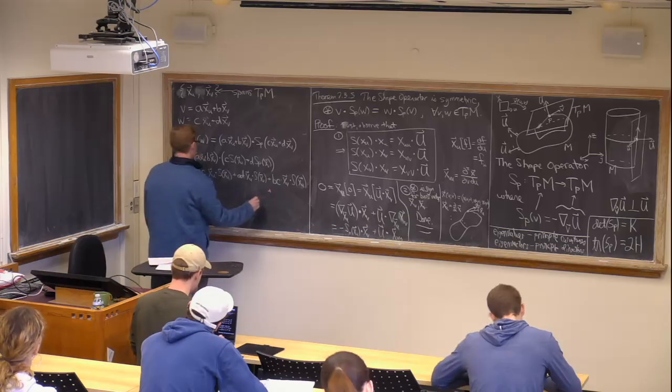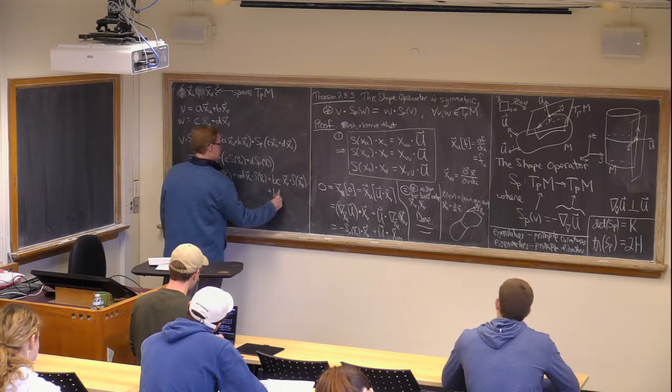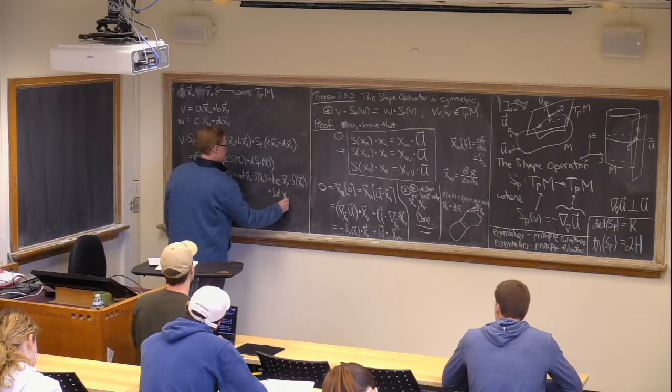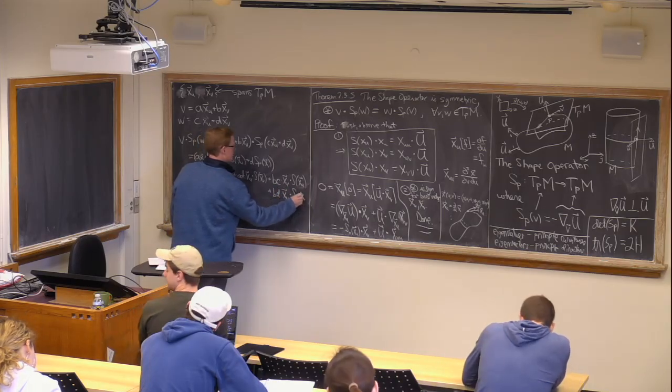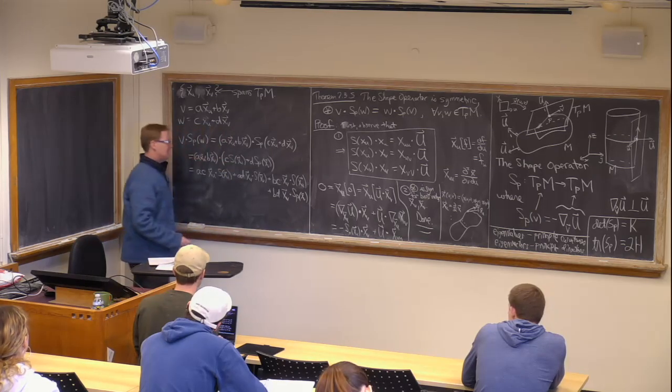And then plus the last term, BD, x_v dot product shape operator of x_v. Did I make any mistakes so far? You guys agree?